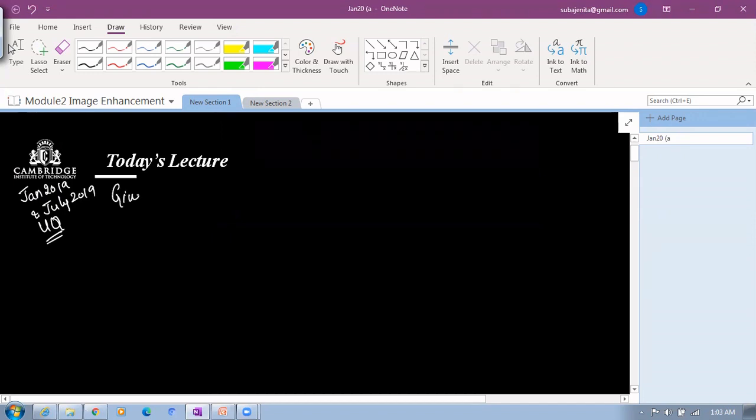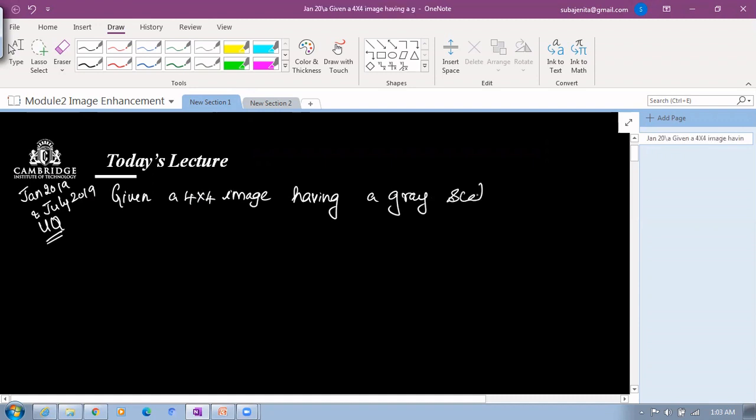Given a 4x4 image having a grayscale between 0, 9.